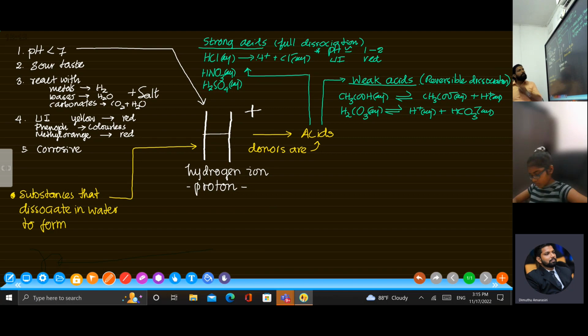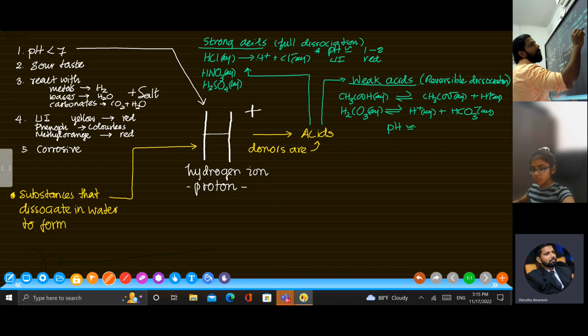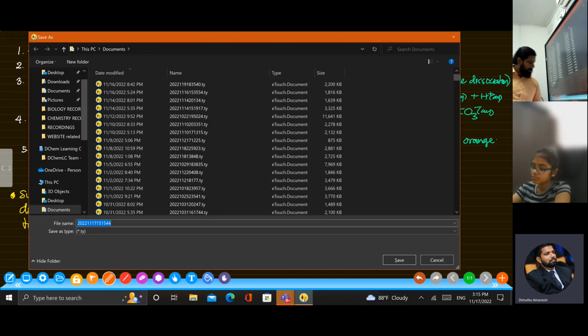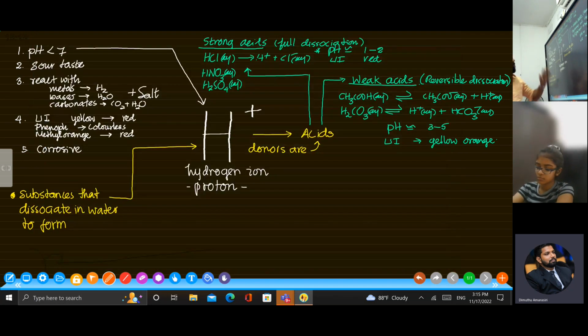All right. What are the main differences? pH is around 3 to 5. Right? And what about the universal indicator colors? Yes, yellow, orange. Okay, so the most important thing related to acids that should come to your head is that an acid basically consists of an H plus ion and another anion.